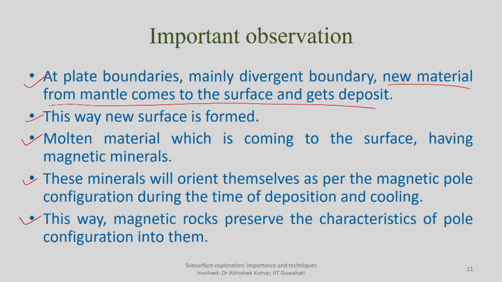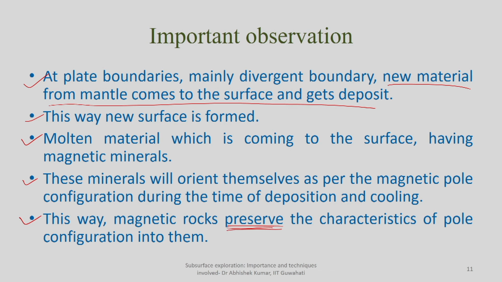So, this way the magnetic rocks preserve, and this is the most important thing. Whenever in geological time scale the rock came onto the surface, getting densified or cooled, it actually preserved the orientation of magnetic minerals, the magnetic characteristic, the magnetic pole configuration at that time.